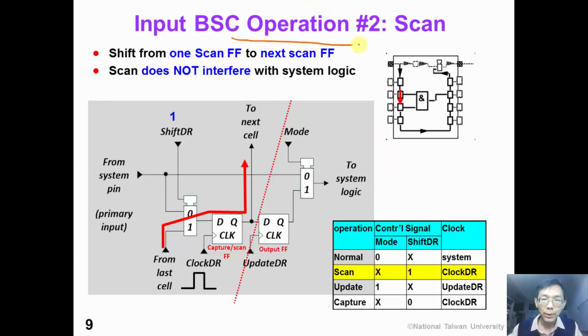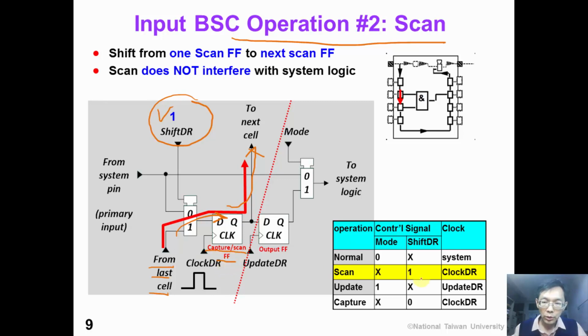The second operation is scan operation. In this operation, the control signal shift DR is tied to 1. So the test data is shifting from the last scan cell through the first flip-flop to the next boundary scan cell. So this is why we call it the scan flip-flop.